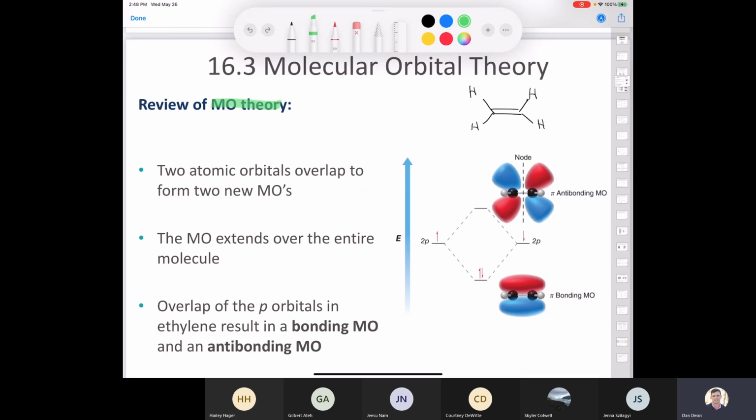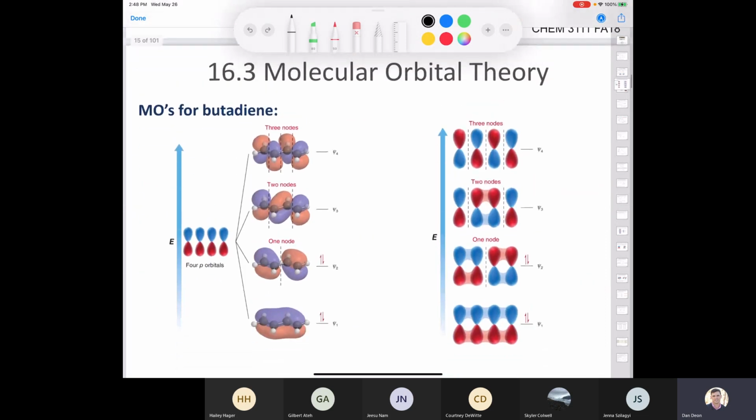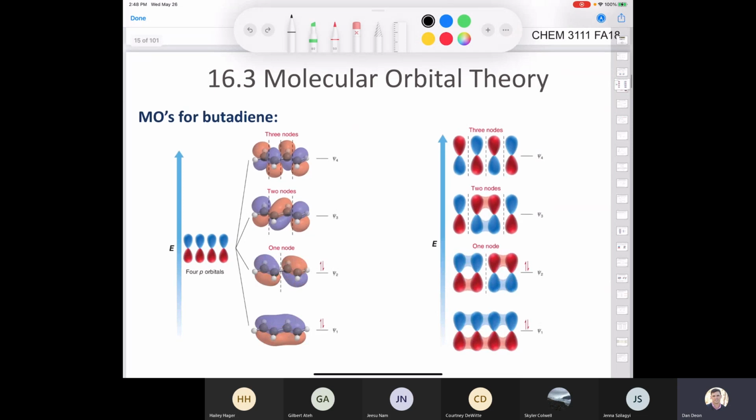Remember that each p orbital has one electron in it, okay? And according to the Aufbau principle, both of those electrons are going to go into the bonding molecular orbital, because I can hold two electrons in every orbital. So there they are. Both of them are in there. So if I extend this to 1,3-butadiene, here are the rules.